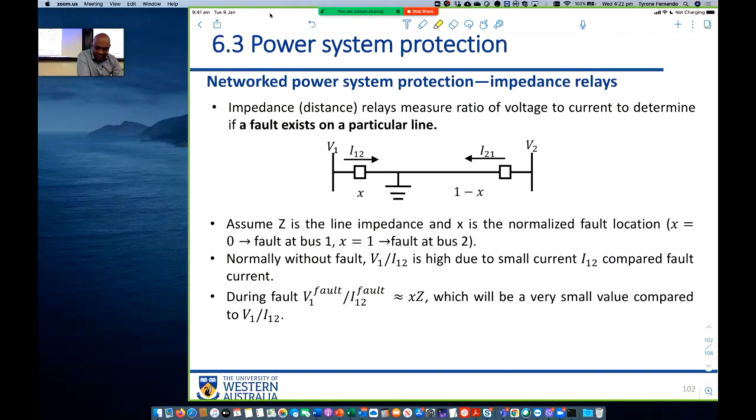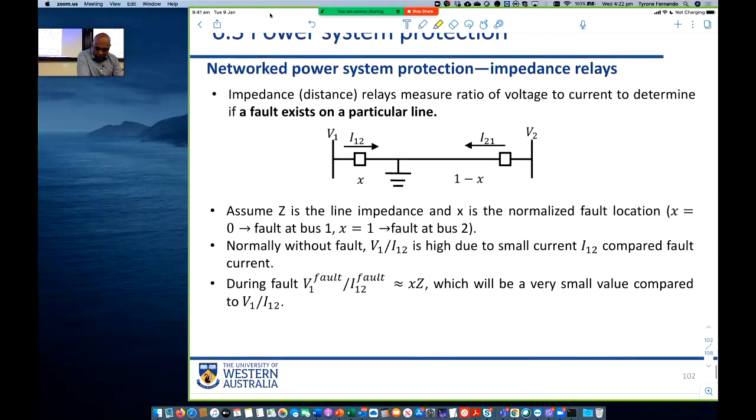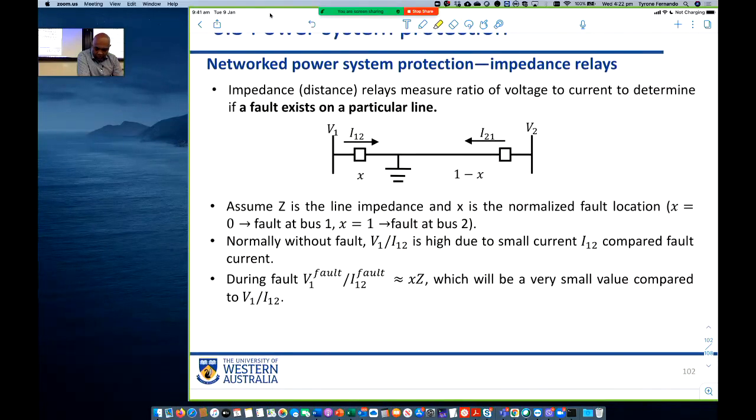So let's say x equals 0 on the left, x equals 1 on the right, right? So the fault occurs at some distance x from the left, which is 1 minus x from the right. So V1 fault, the voltage at bus bar 1, V1, over I12 fault is approximately x times the impedance of the entire line.